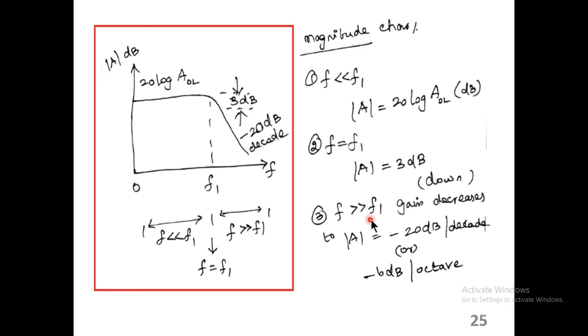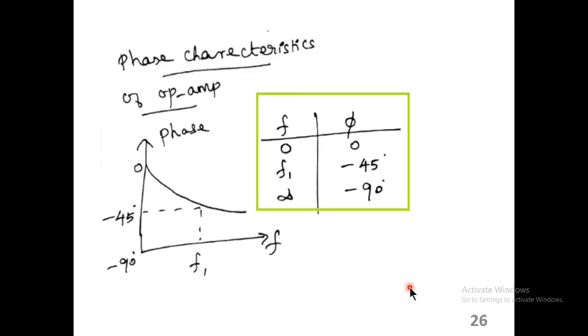If F is greater than F1, the gain starts to decrease at minus 20 dB per decade or 6 dB per octave. And this is the phase characteristics. If F equals 0, phi equals 0. If F equals F1, it is minus 45 degrees. If F equals infinite, it is minus 90 degrees.